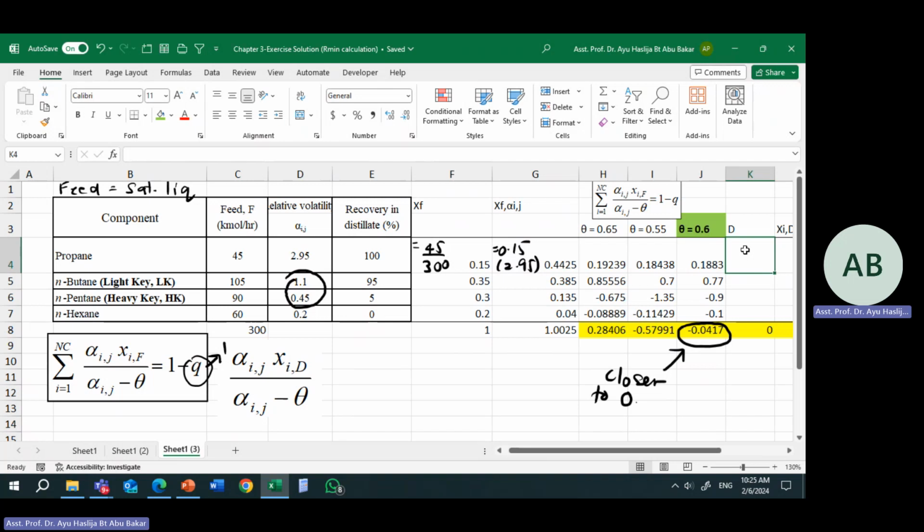Fasil, how about you? There's no info from the main table over here. How to get the distillate value? How about you, James?